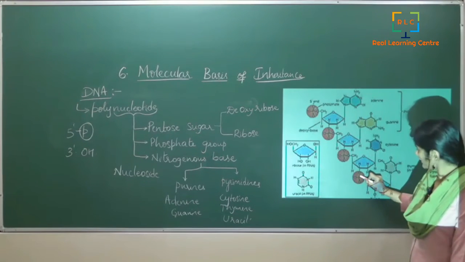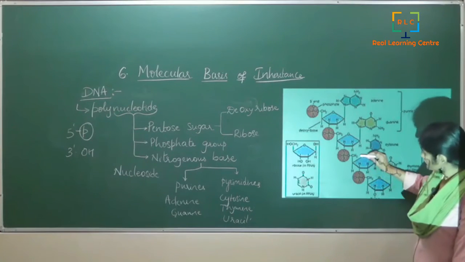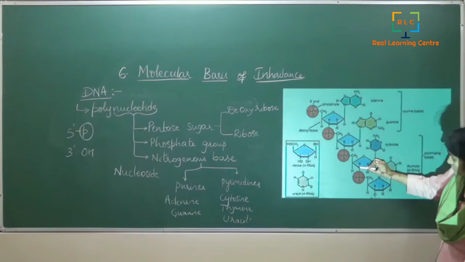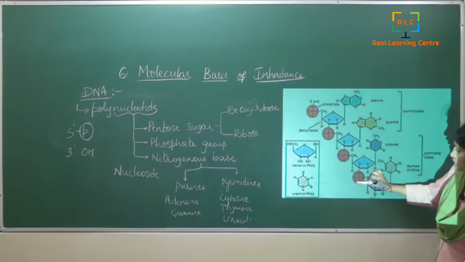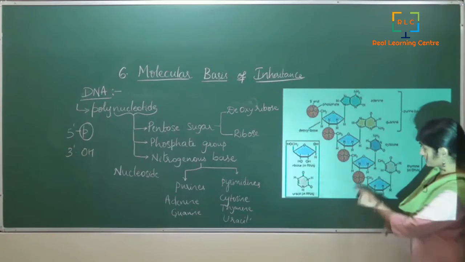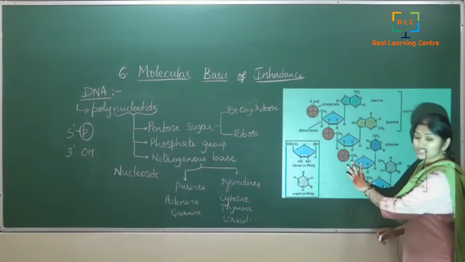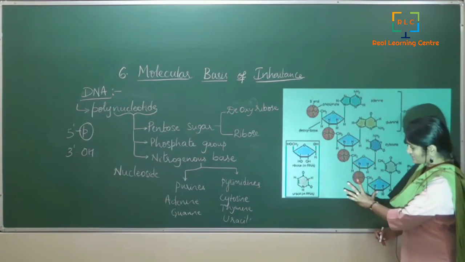This bond is formed when there is one hydrogen loss from this second sugar atom here. So one hydrogen from here and one hydrogen from here is lost, and we get a bond here. So C5 of one sugar and C3 of the other sugar will participate in the formation of a phosphodiester bond, right. So this is how it forms.